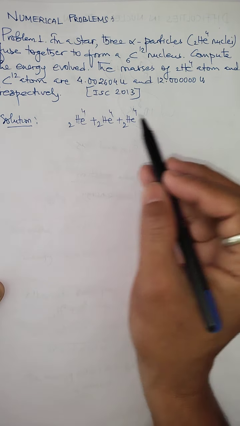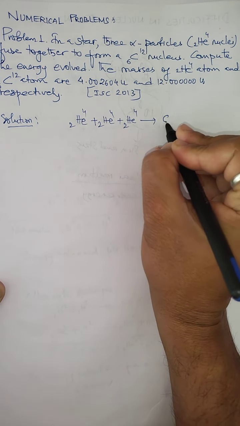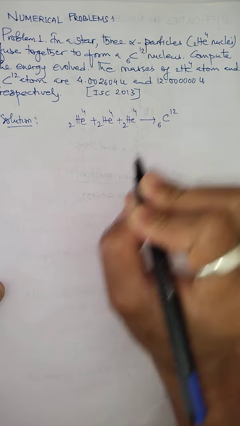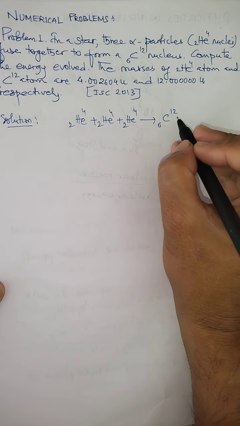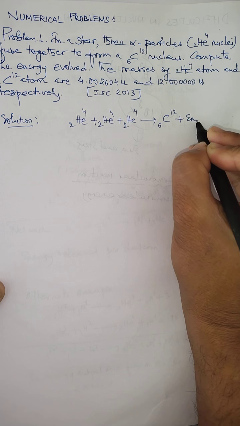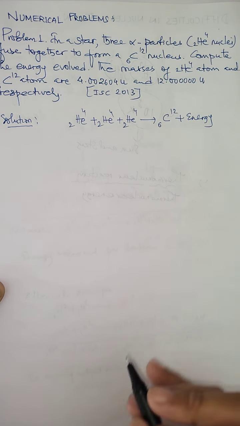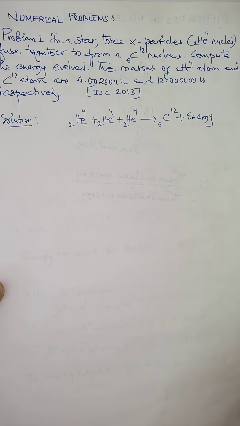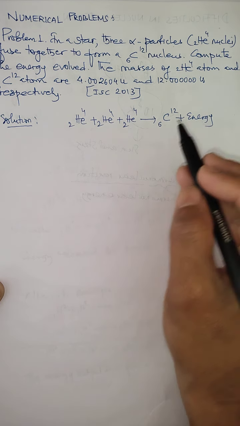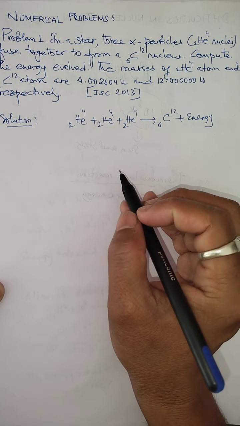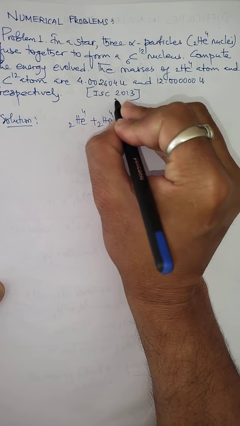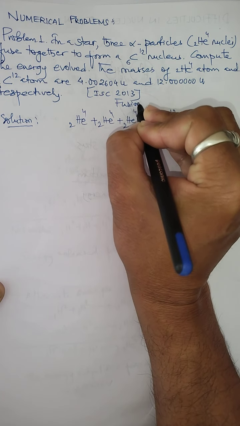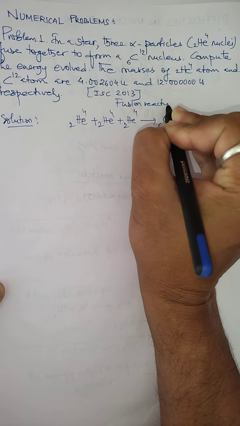So 3 alpha particles are fused together to form a carbon-12 nucleus. But along with this, energy will also evolve, and that energy we need to calculate. But why will energy get evolved under this reaction? This is a fusion reaction that occurs in a star.